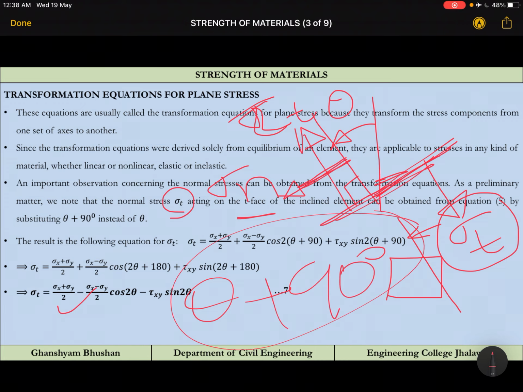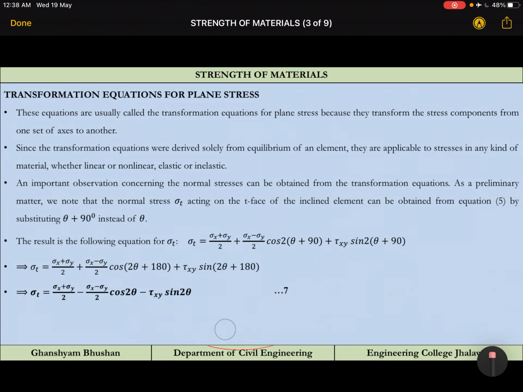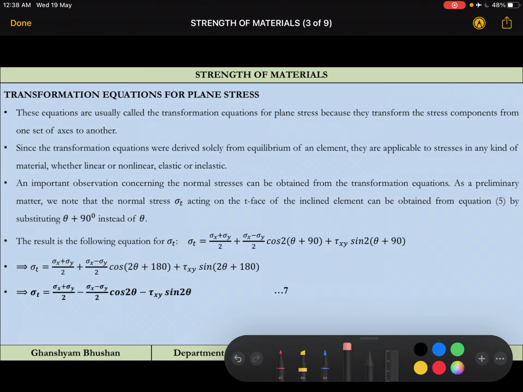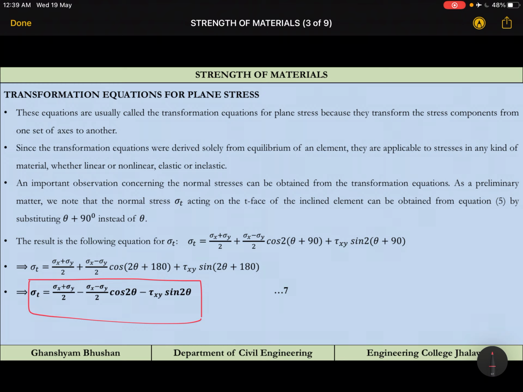So just put theta plus 90 everywhere. This equation finally comes out to be: sigma t is equal to (sigma x plus sigma y) by 2 minus (sigma x minus sigma y) by 2 cos 2 theta minus tau xy sin 2 theta. Clear? This is your equation for the normal stress on the plane of shear stress, at the t plane.